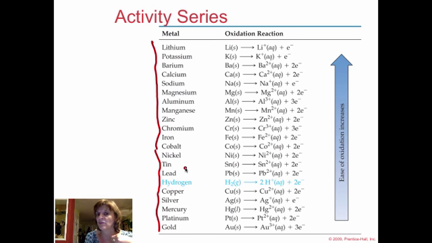Hydrogen fits in down here, surprisingly not as easily oxidized as a lot of the other metals. So this series shows elements that are most likely to lose electrons on top and least likely on the bottom. And therefore you can decide what will replace what else. Something higher on the chart can replace something lower on the chart.